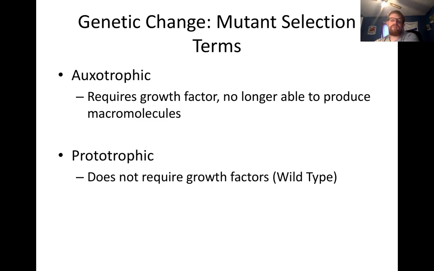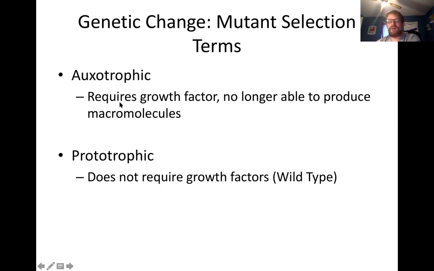So when we're talking about mutation selection, there are sometimes two basic groups that we categorize bacteria as. If you've heard of auxotrophic or auxotrophs, these are basically our mutants. They require some type of growth factor, some addition to their regular media in order to grow.